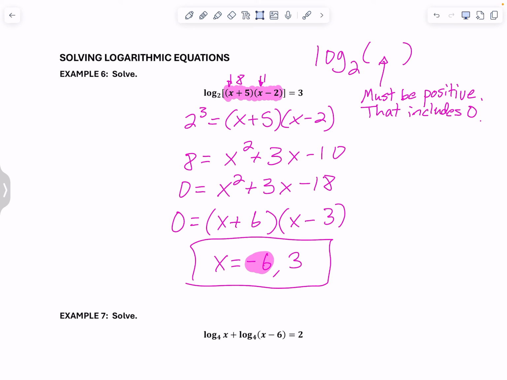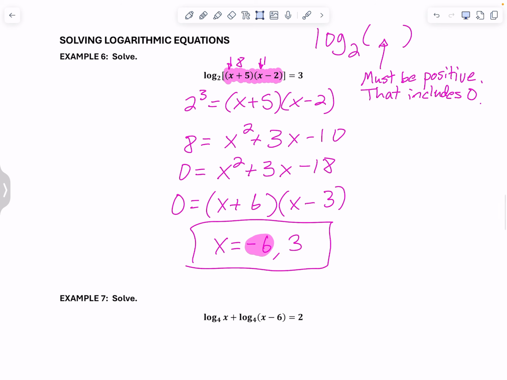If I plug in one of those numbers and I get a 0 or negative, you just mark it out. Can't be that answer. Is that always like that? Yes. A log to any base cannot have a negative or 0. If you're unsure, grab your calculator and try to do log of 0, and it'll say error. So if you forget, just start playing with the numbers.